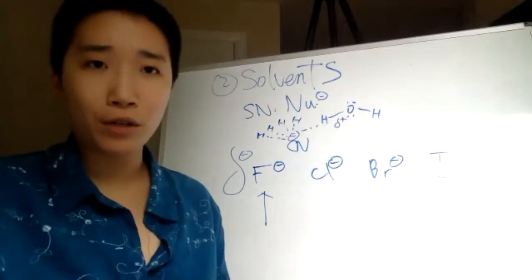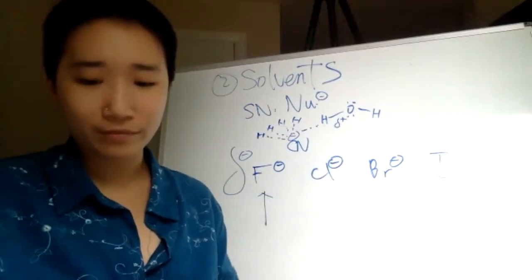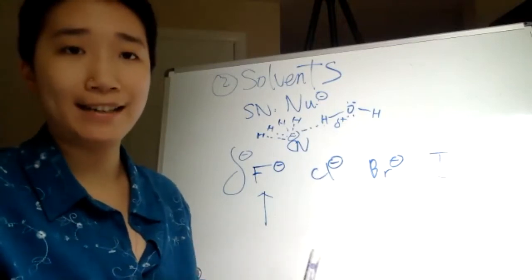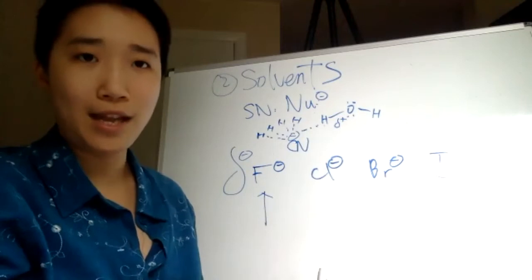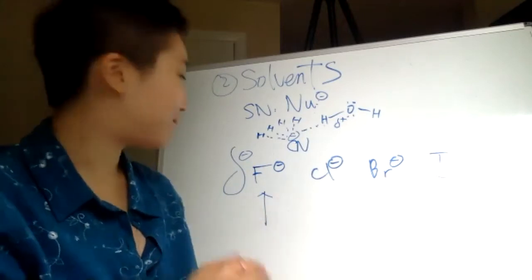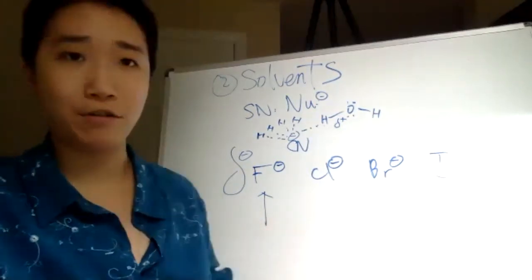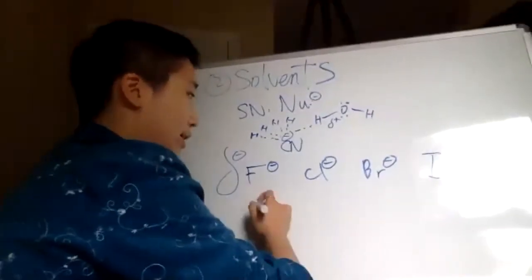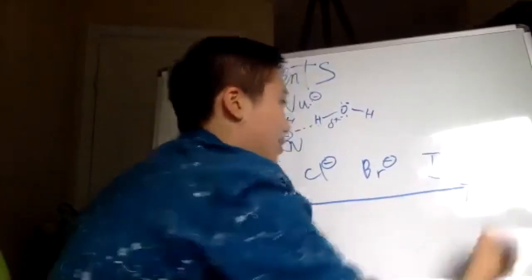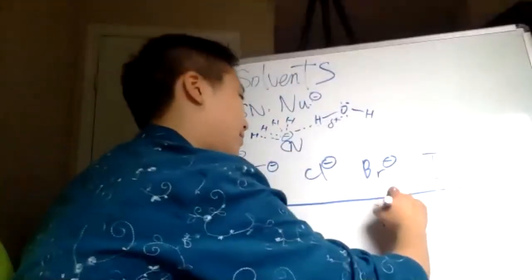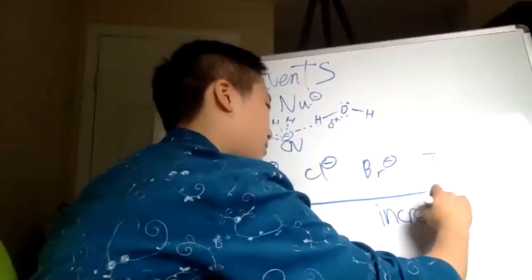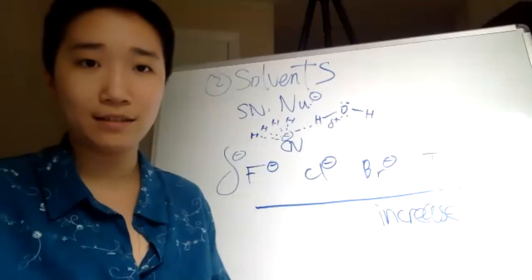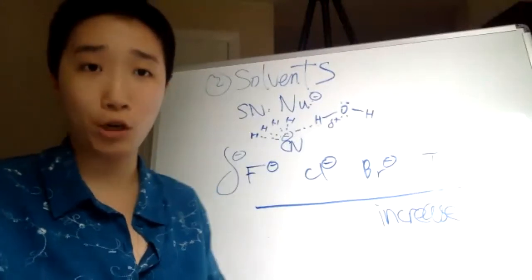So, if we're in a polar protic solvent, the more electronegative you are, the more hydrogen bonding will occur on you, and the less nucleophilic you're going to be. Therefore, in this column of the periodic table, nucleophilicity increases as electronegativity decreases in a polar protic solvent.